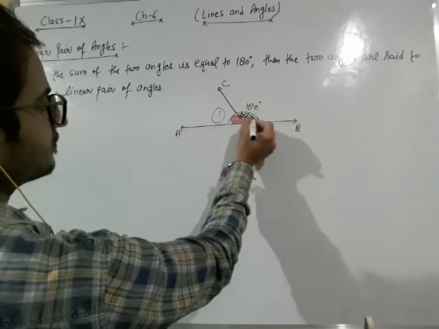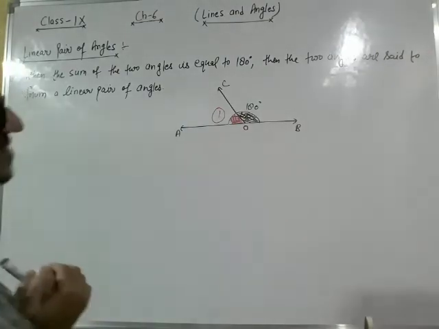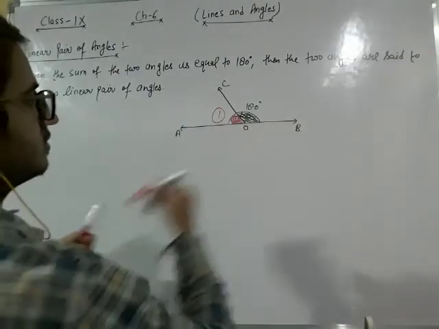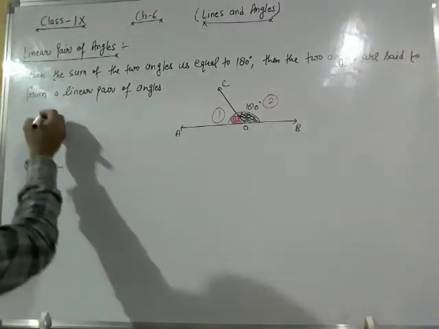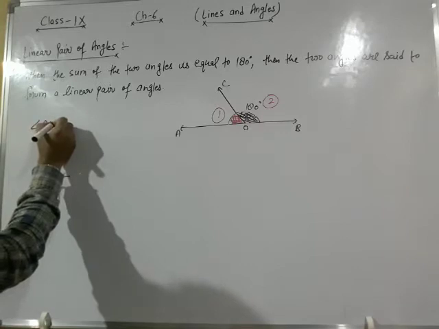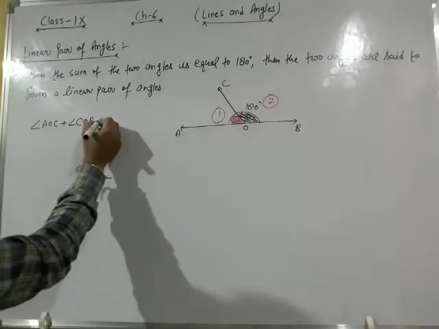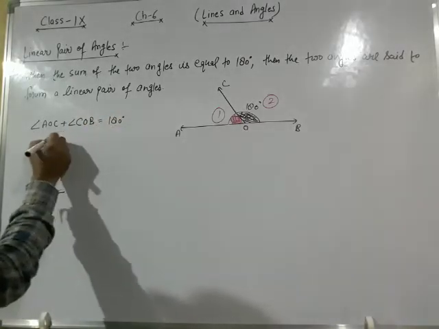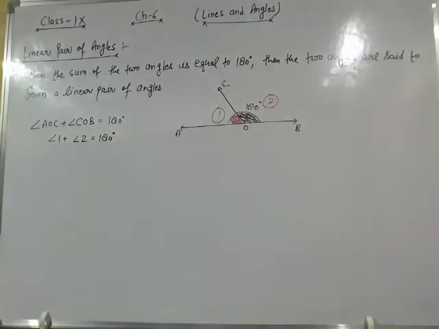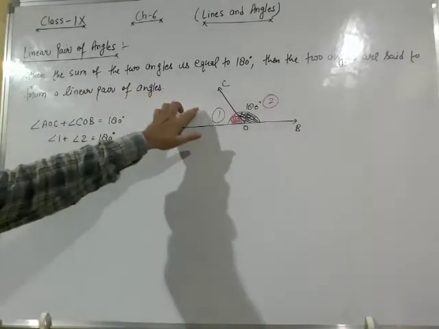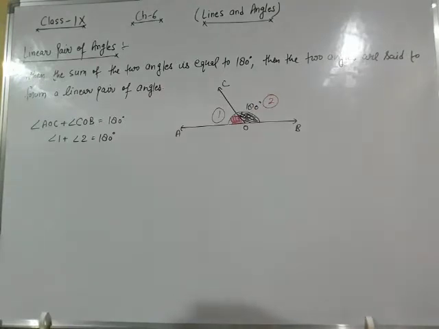It is clear from this diagram that angle AOC plus angle COB is equal to 180 degrees, or we can write angle 1 plus angle 2 is equal to 180 degrees. So whenever we have such a condition, when the sum of the two angles is equal to 180 degrees, then the two angles are said to form a linear pair of angles.